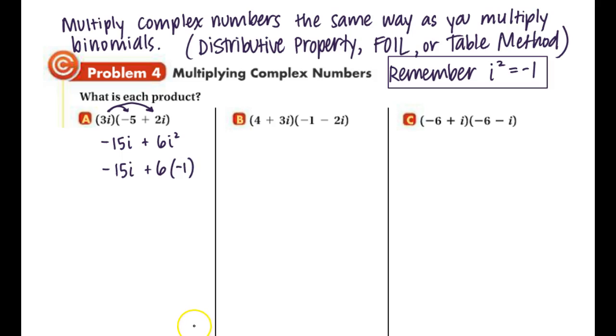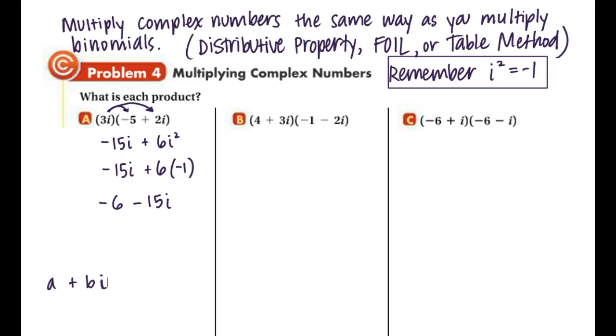That means I have negative 6 as the real part of the answer. We always write the real part first. So negative 6 minus 15i is the product of the original expression. Remember, the answer is always in the form a plus bi, where the a is the real part and the bi is the imaginary part.